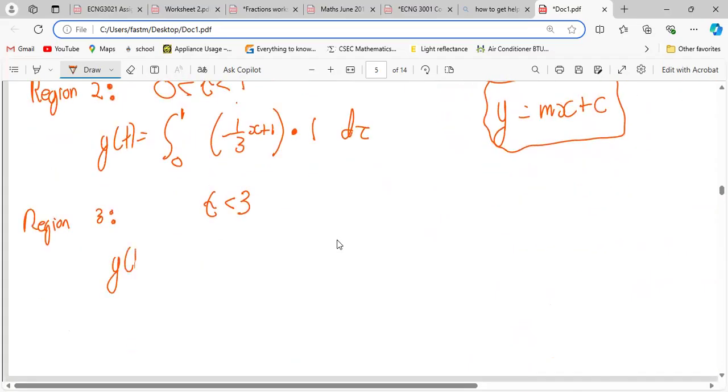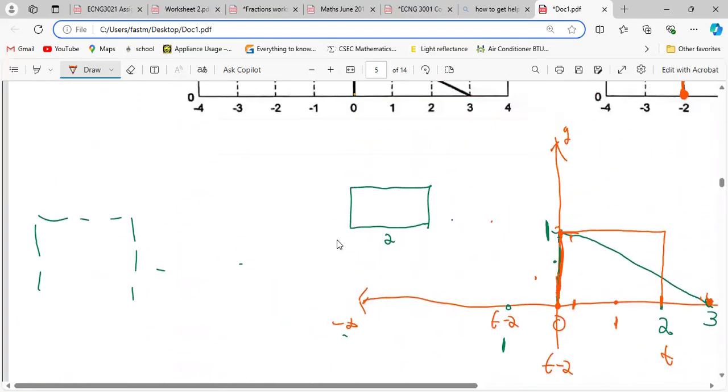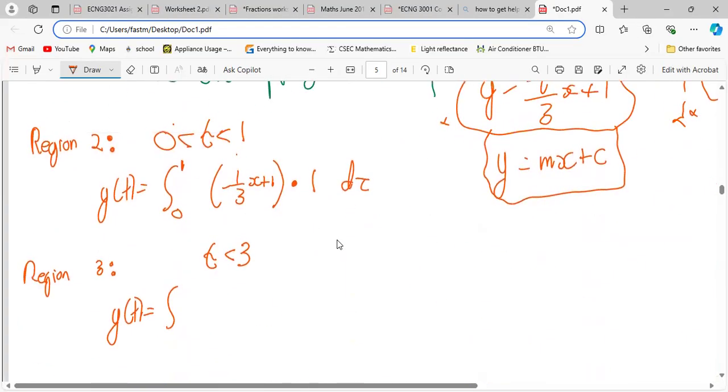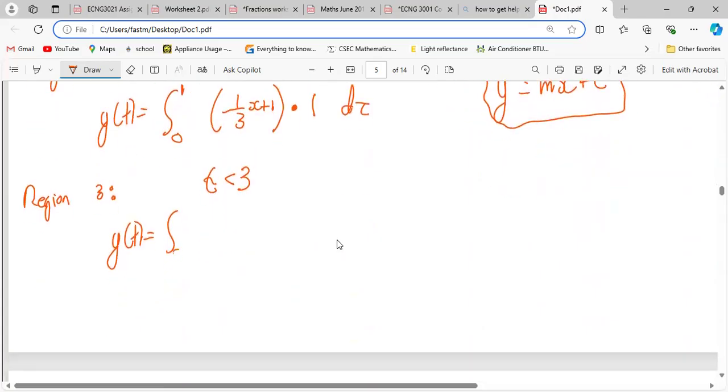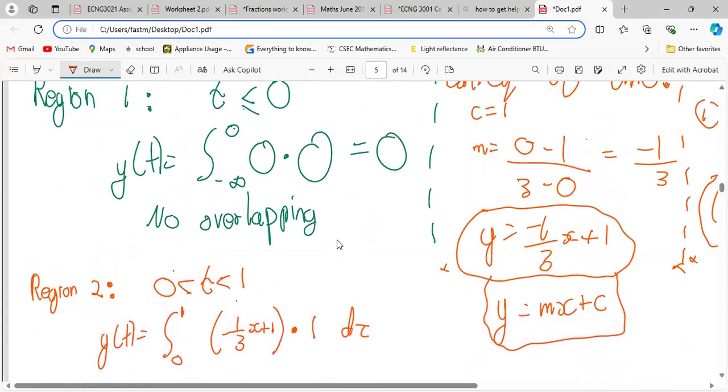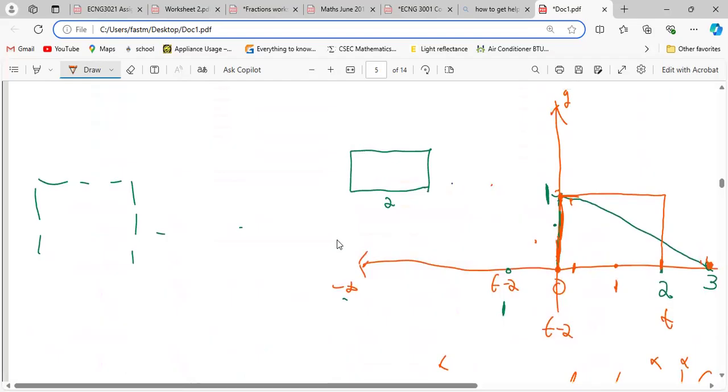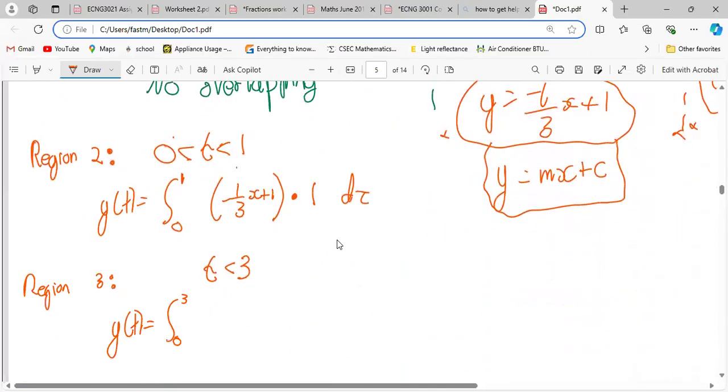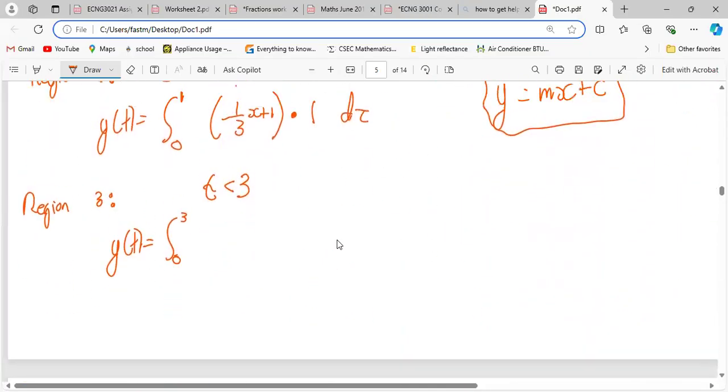So this time the integral is from 0 straight up to 3. Because remember, once the t minus 2 is at 0, anything afterwards from 0 to 3, once it's inside the triangle, it will be good because you have overlapping through that entire thing.